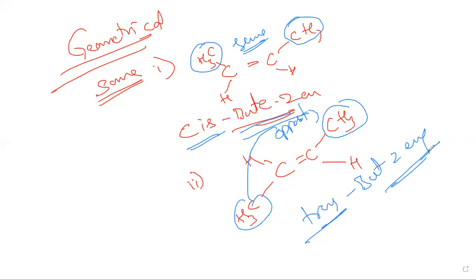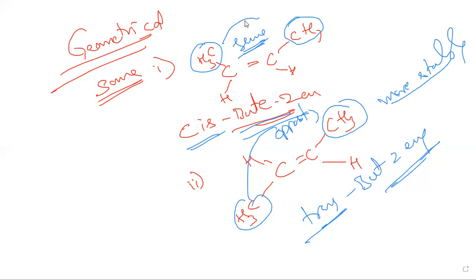Why does this change? Trans is more stable than cis. Why is trans more stable than cis? Because in the cis isomer, both the bulkier groups are on the same side.